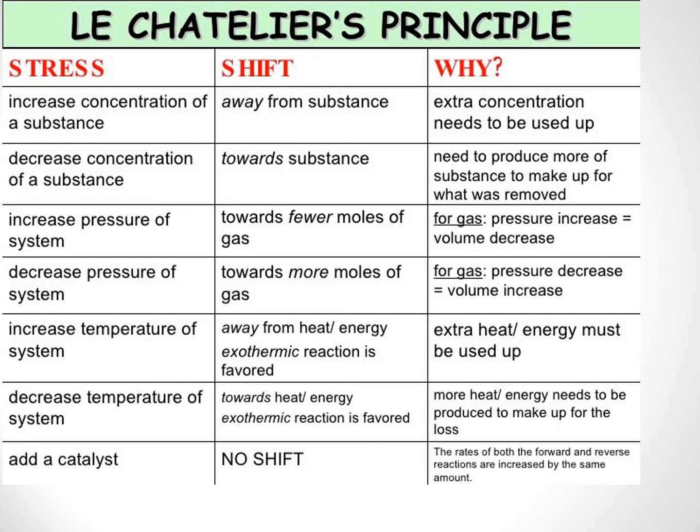Basically, the stress is the cause of the change, the trigger, and the shift is the effect. And then you have an explanation of why things happen. I like it also because it includes the fact that the catalyst has no effect on the reaction.